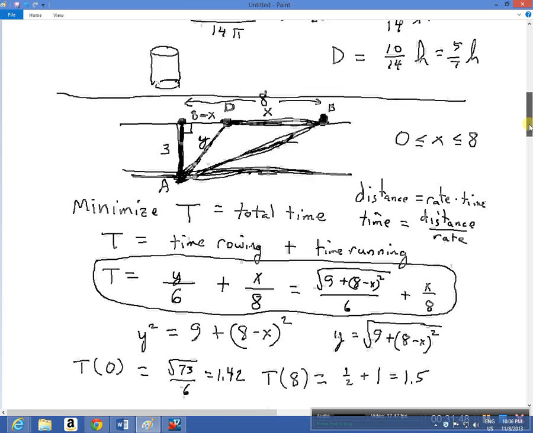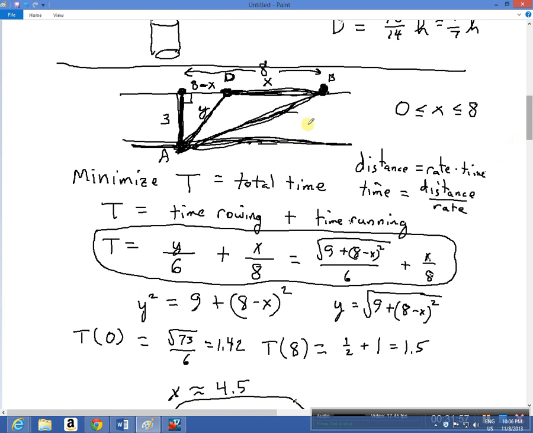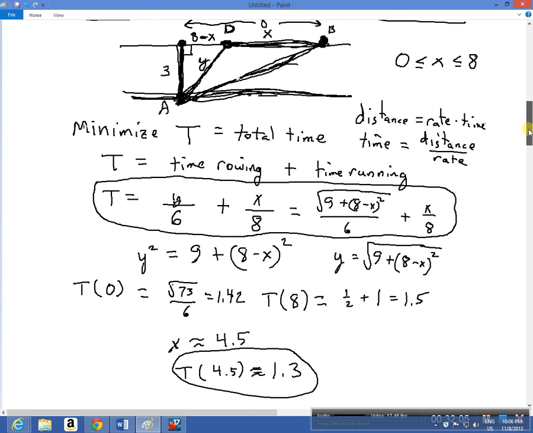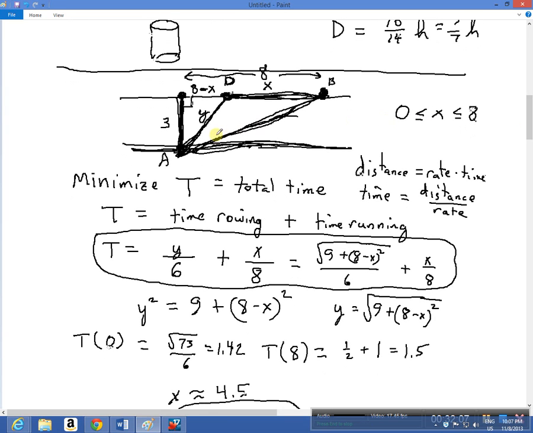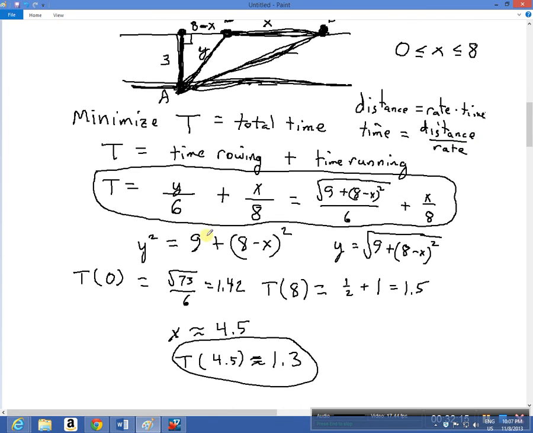Our time will only be 1.3 or thereabouts, whereas if we had rowed the minimum, which is to go straight across and run the rest of the way, that would have been x equals 8, and it would have taken us 1.5. And if we had rowed all the way, then it would have taken us 1.42.